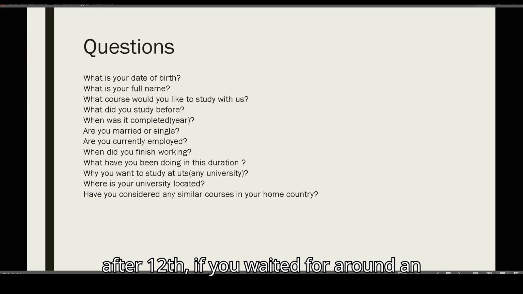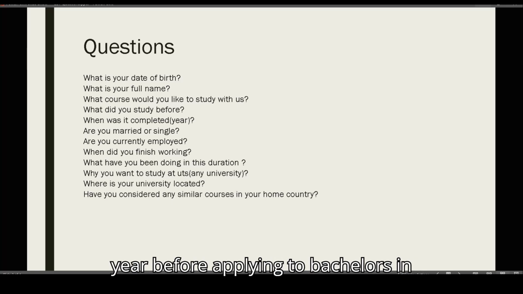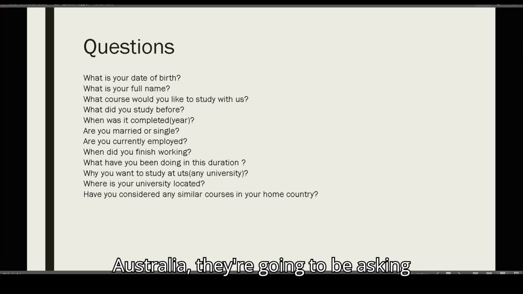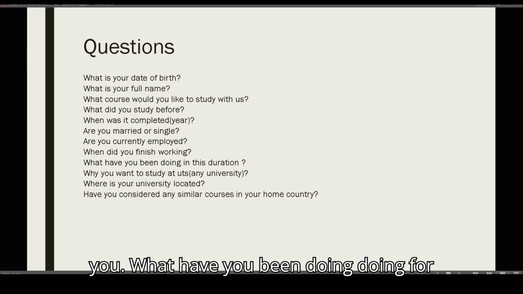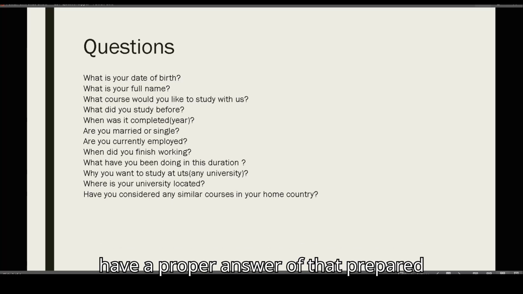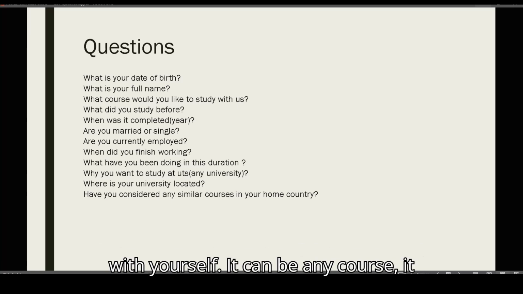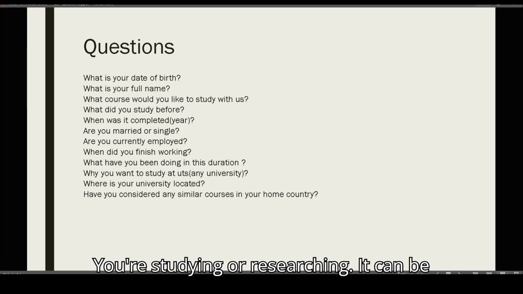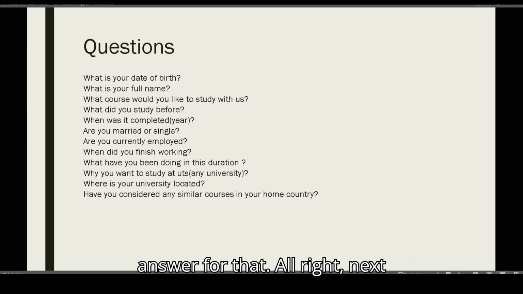After 12th, if you waited around a year before applying to a bachelor's in Australia, they're going to ask what you have been doing for the last 1 year. So make sure, guys, you have a proper answer prepared. It can be any course, any social work, studying or researching, it can be anything, but make sure you have an answer for that.